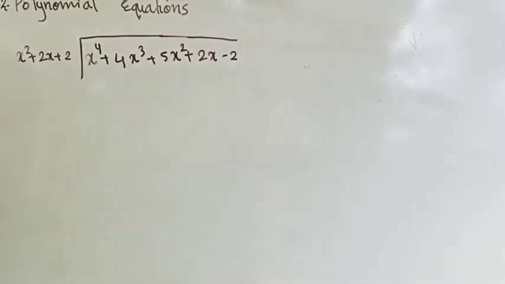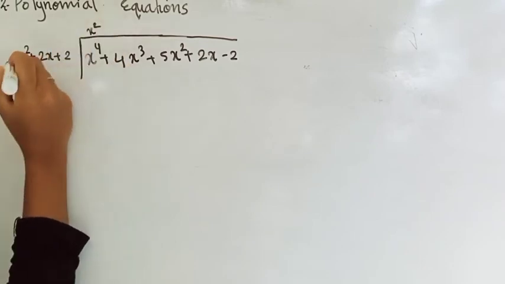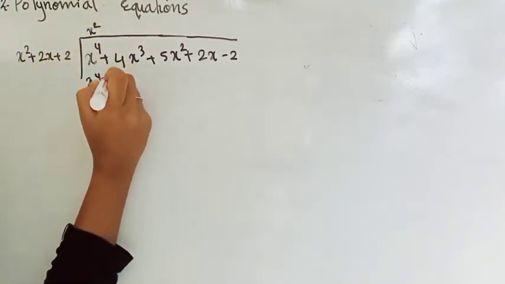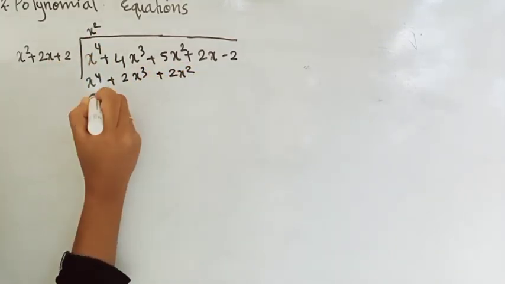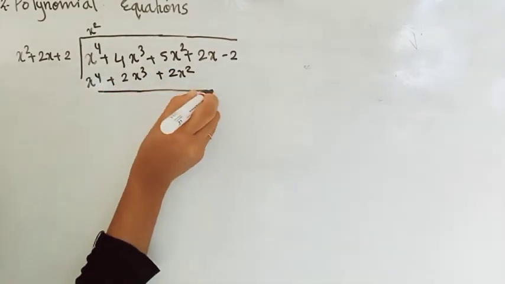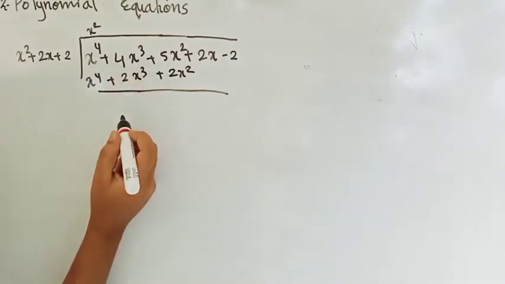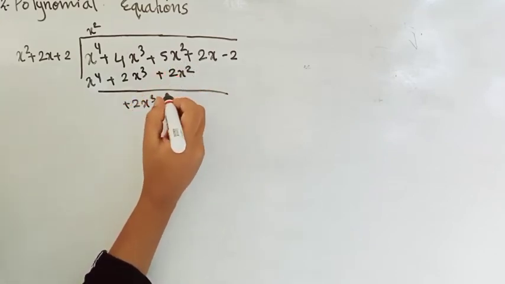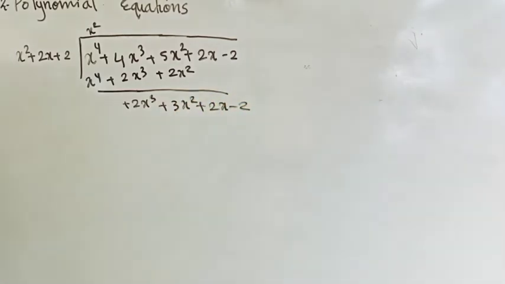Now, as we have studied in our lower classes, x square into x square is x raised to 4, x square into 2x will be 2x cube, then x square into 2 is 2x square. x raised to 4 minus x raised to 4 will be 0, 4x cube minus 2x cube is plus 2x cube, then 5x square minus 2x square is 3x square plus 2x minus 2.